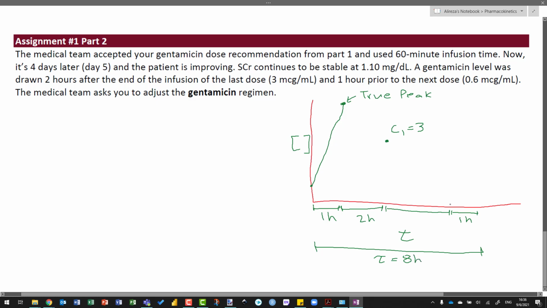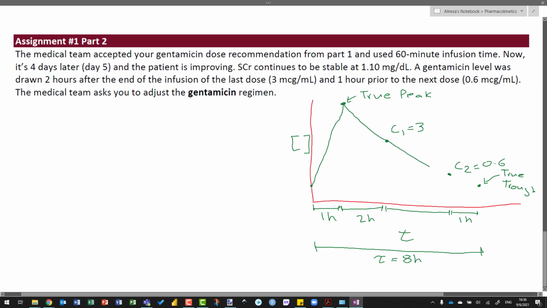So the time for the next dose is right here, and 1 hour before the next dose we got a level. When it's time for the next dose, at the end of your tau, this is your true trough. And 1 hour before that we got a level, which we'll call concentration 2, which was 0.6.